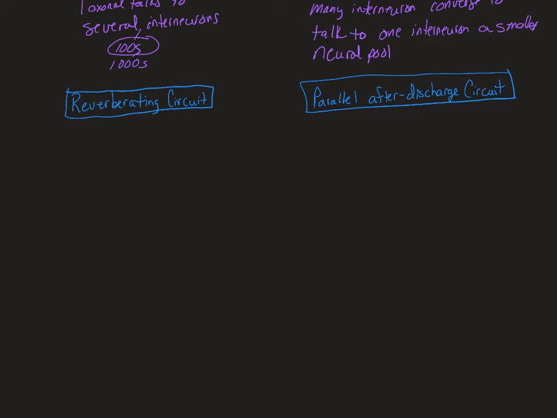Reverberating kind of sounds like what it is. If you think about a reverberating speaker, you basically have something here, it goes down here, and then it comes back, and it goes around, and it talks again. You basically get this circuit where it's constantly going back and talking to the starting point.